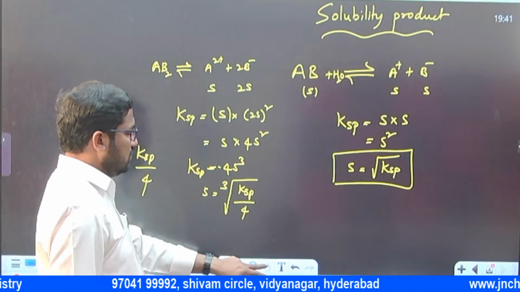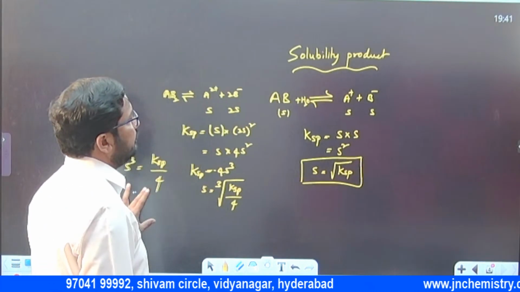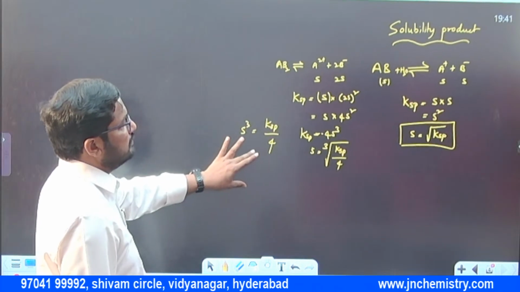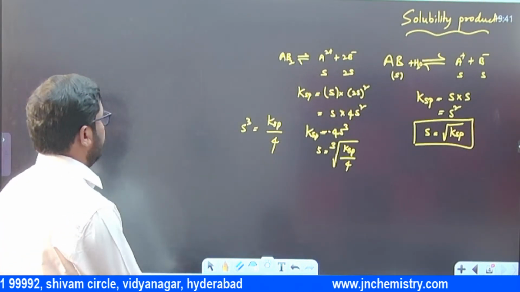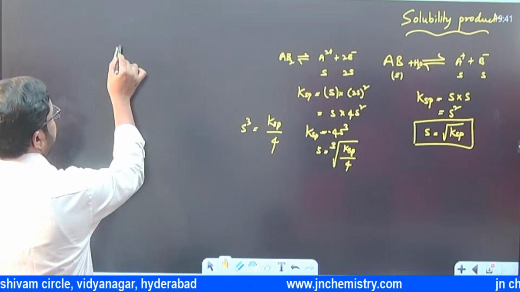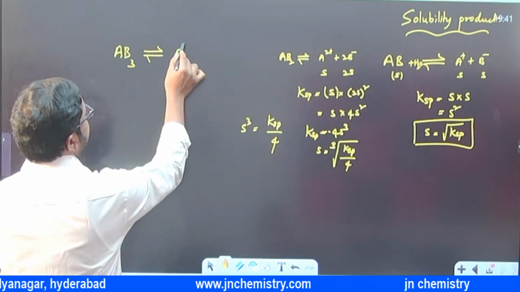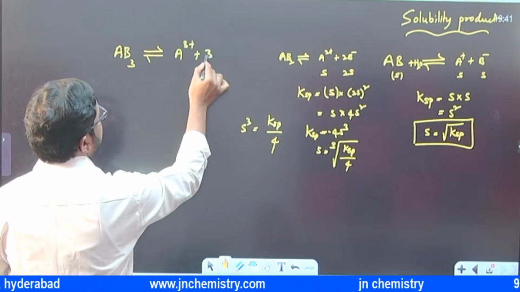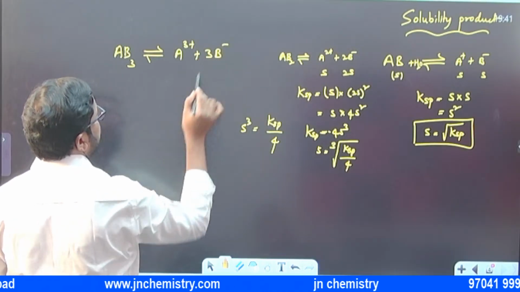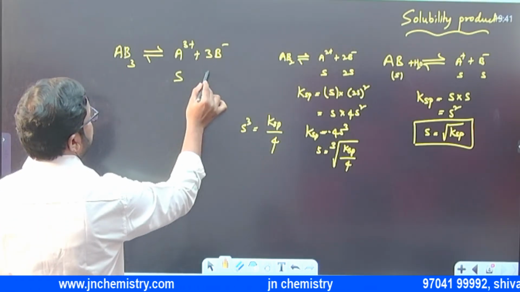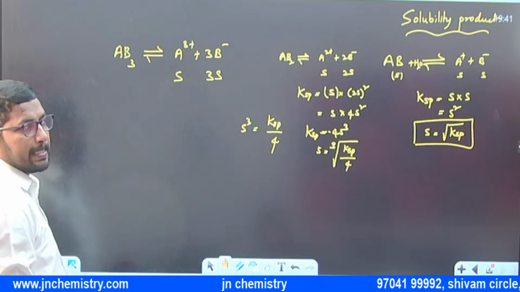Next, AB3 type. A3 plus and 3B minus, with S and 3S.